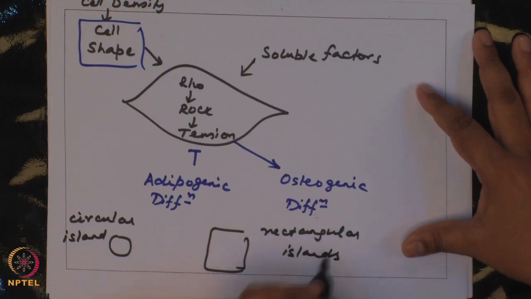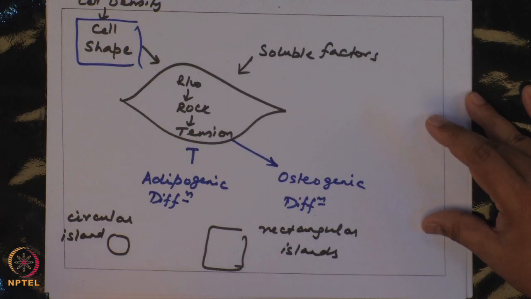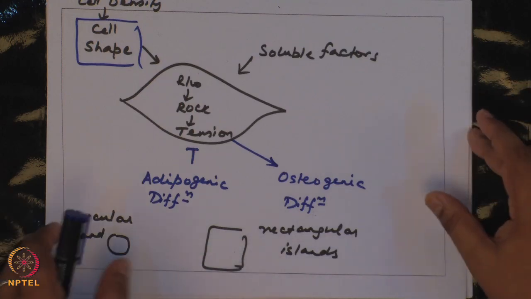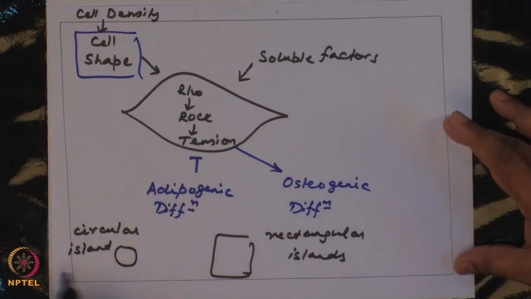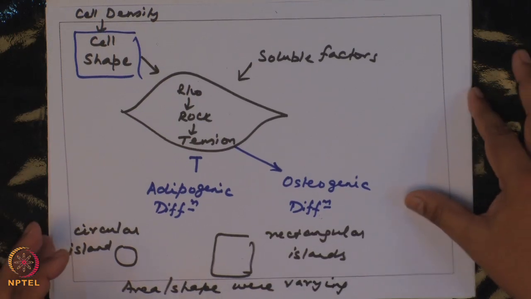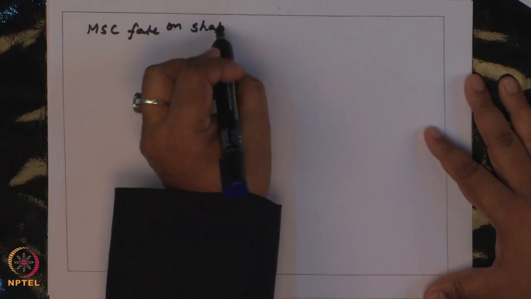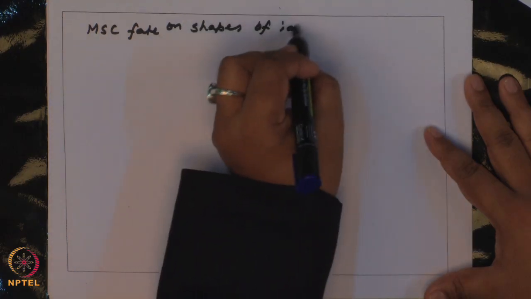So, there is a possibility that the difference the authors observed is because of shape also. Here both area and shape were varying. So, how would you speculate what would happen to MSC fate on shapes of identical cell area?